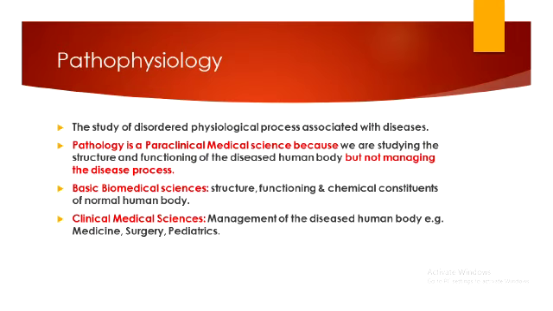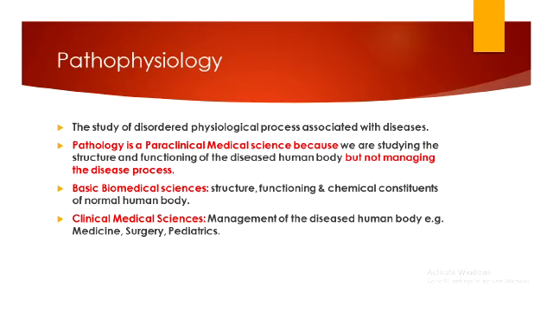On the other hand, basic biomedical sciences mean structural, functioning, and chemical constituents of the human body. And the clinical medical sciences are dealing with the management of the disease process but do not include the functioning or structure or chemical constituents of the normal human body.